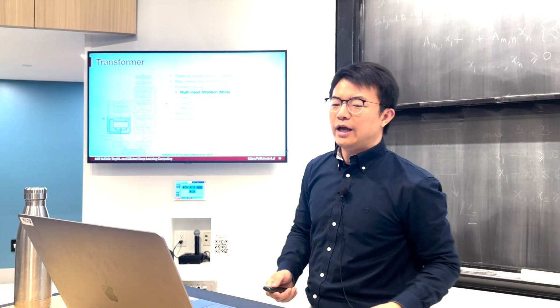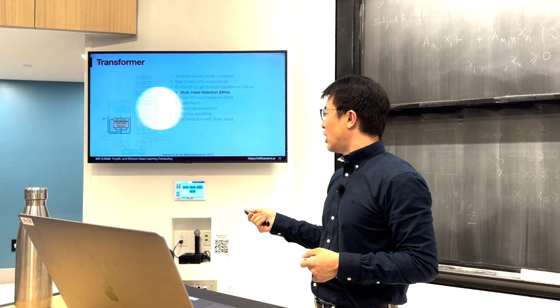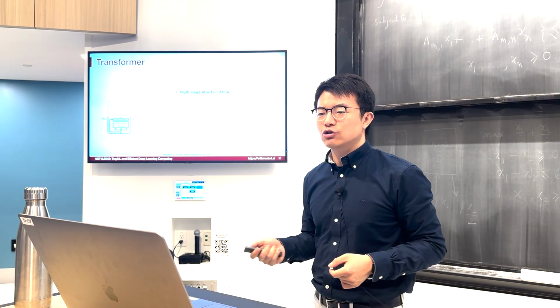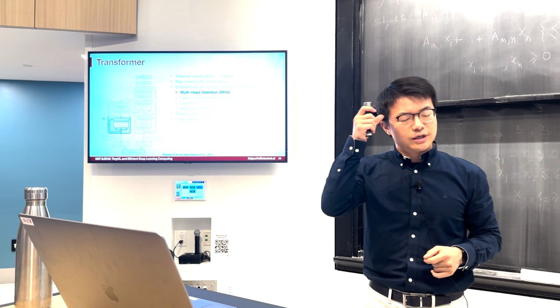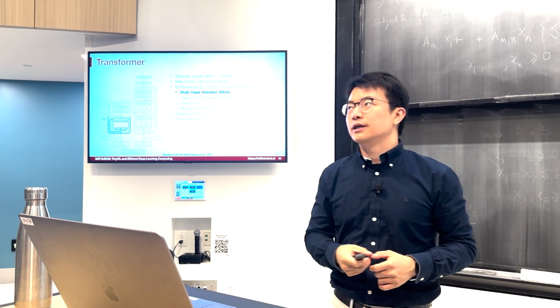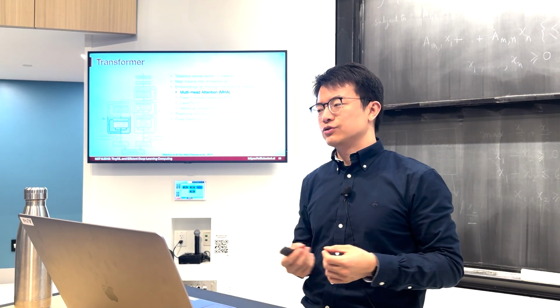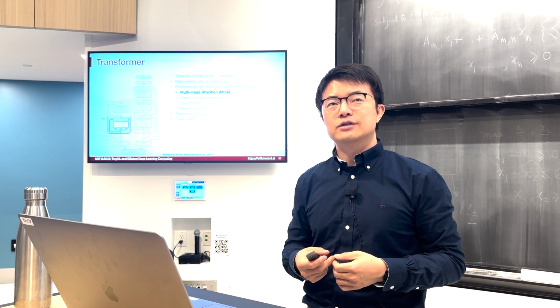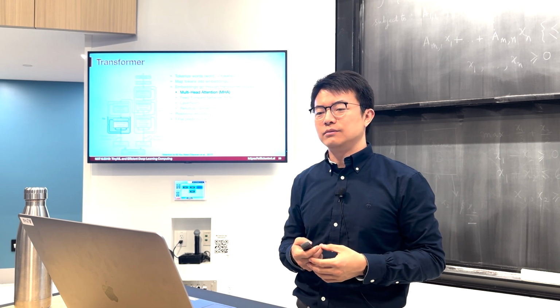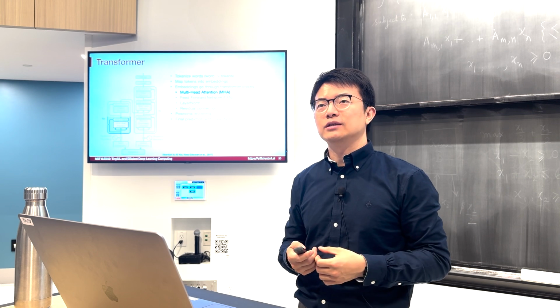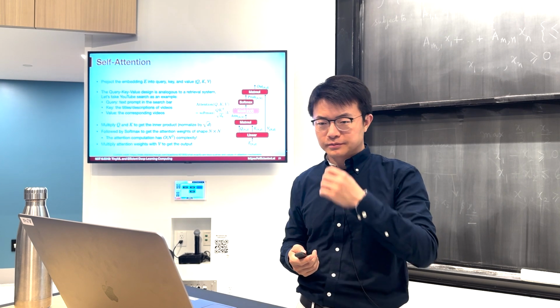Okay, so after getting the embedding, we'll process each word, each token, and try to find the relationship between each word, each token. Remember, during the convolution and also during the RNNs, the limitation is the limited receptive field and limited parallelism. So let's see, how does multi-head attention solve those problems?